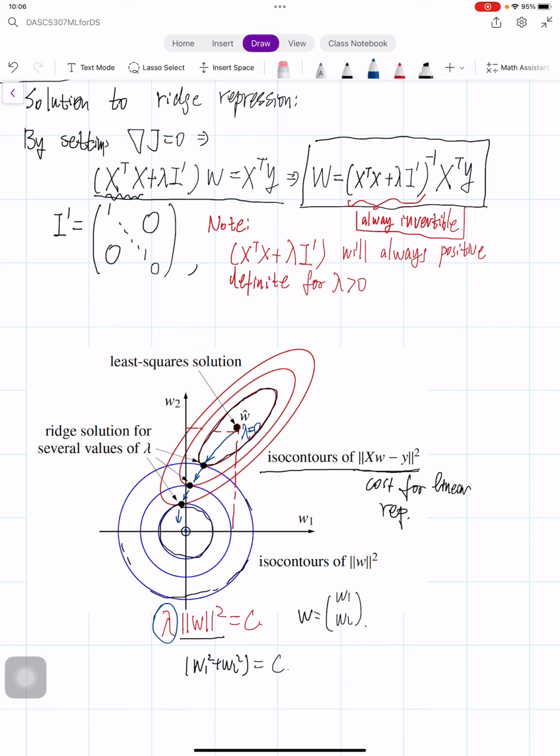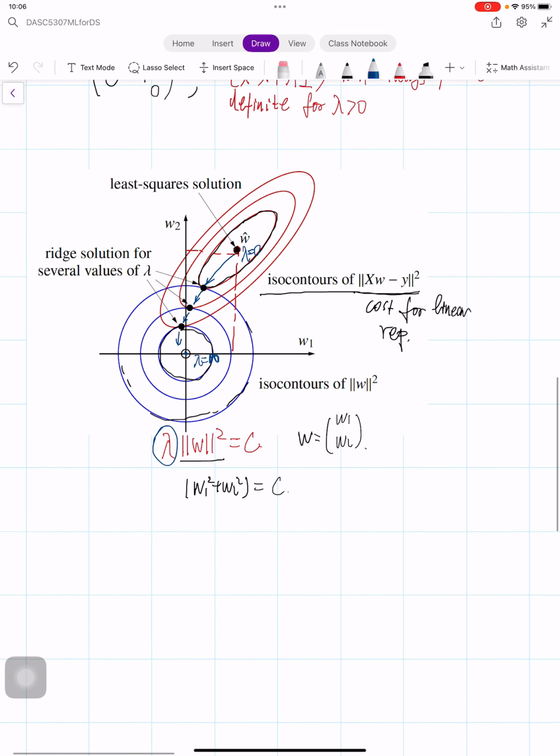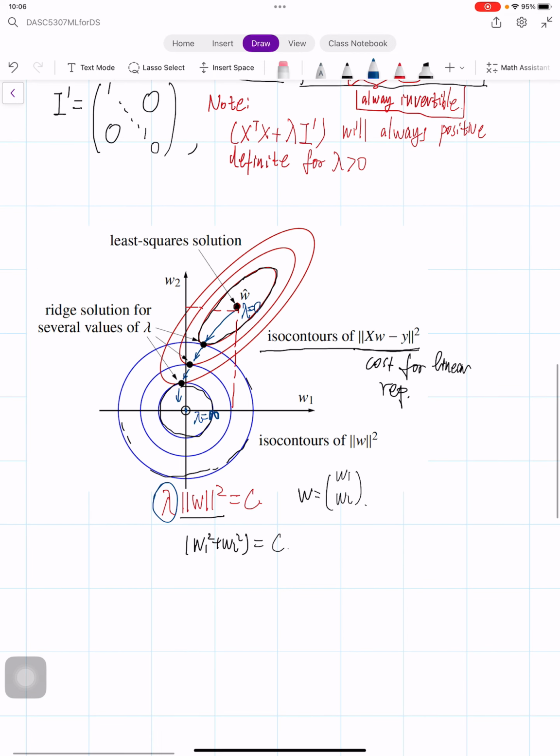If you set lambda to big values, you give more regularization, so you drag the solution closer to the origin. And if lambda equals infinity, you give a huge penalty on large w, so your solution will be close to 0, 0. Okay, so that's the idea of ridge regression.